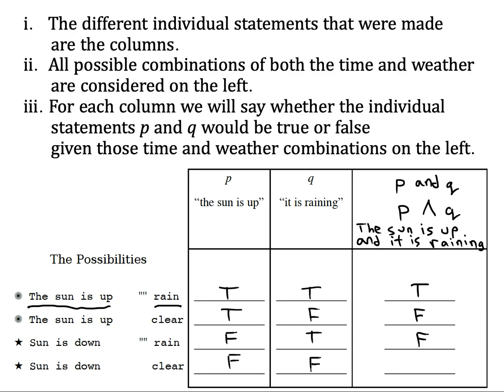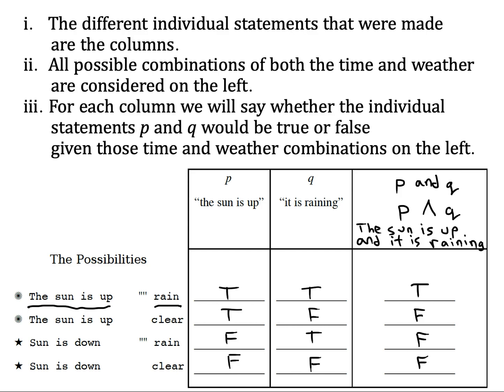And then what about on a clear night? If I say the sun is up and it is raining, did I tell the truth? Well, no, actually I would have lied about both of the things that I said. So in that case, it would be false. Now what we have here is the general form of an and truth table. This type of form will always be found no matter what the situation is.